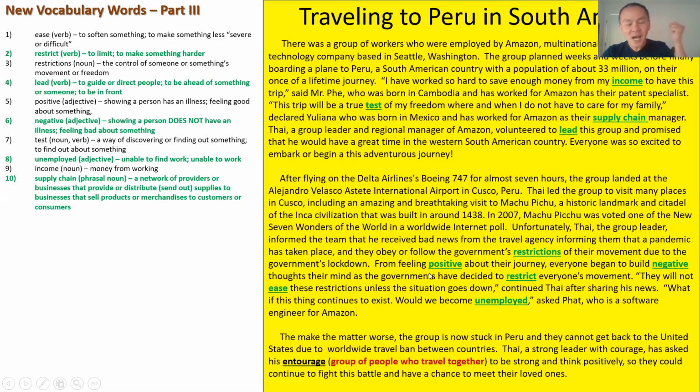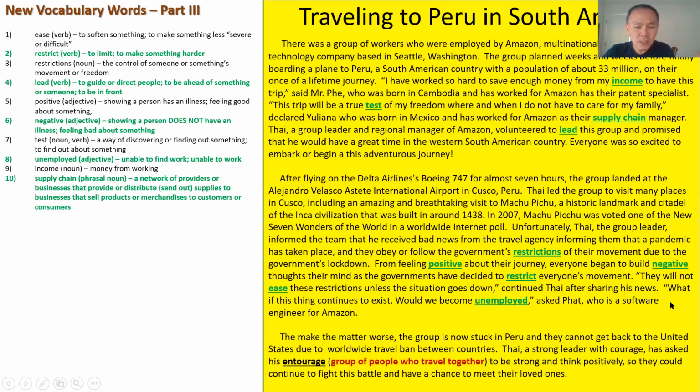From feeling positive about their journey, everyone began to build negative thoughts in their minds as the governments have decided to restrict everyone's movement. "They will not ease these restrictions unless the situation goes down," continued Tai after sharing his news.